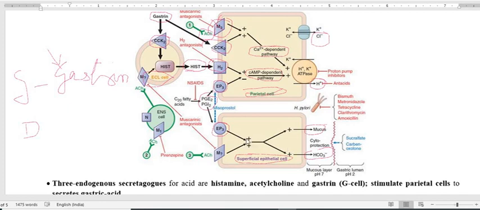Another thing, bicarbonate gets formed. This bicarbonate, as we know, is alkaline in nature, and therefore it increases the pH by diluting the HCl, nullifying the effect of hydrochloric acid over the gastroepithelium or the mucosa of the gastrointestinal tract.